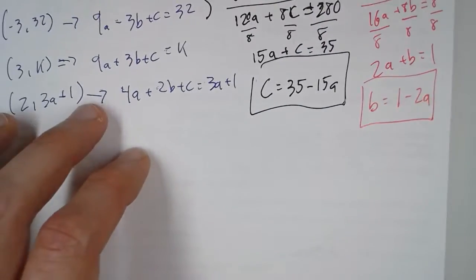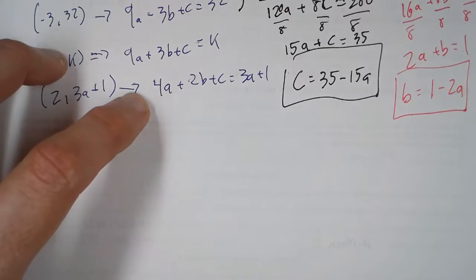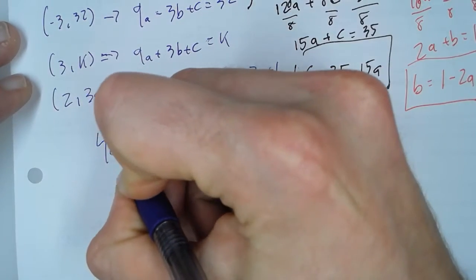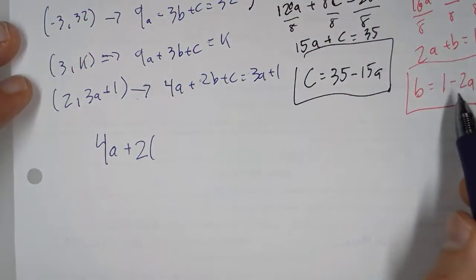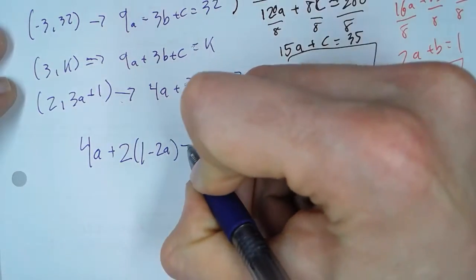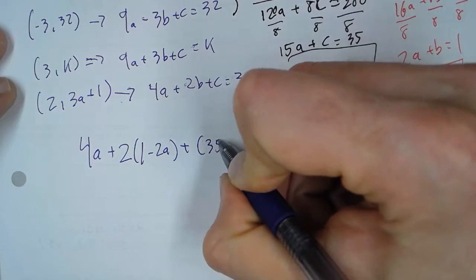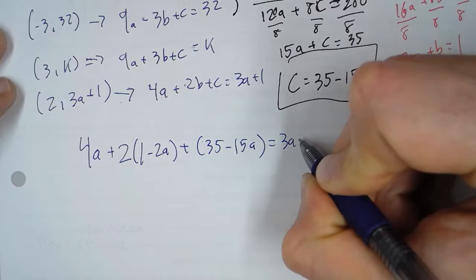Now I'm going to use this equation to solve for a. So 4a plus 2, and in place of b I put 1 minus 2a, plus c, and in its place I put 35 minus 15a, equals 3a plus 1.